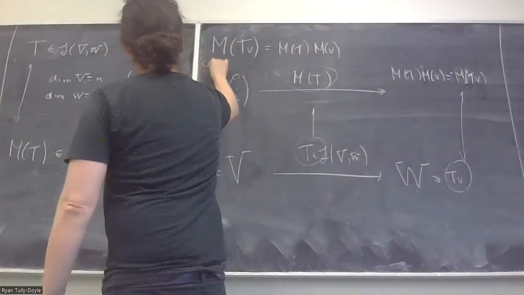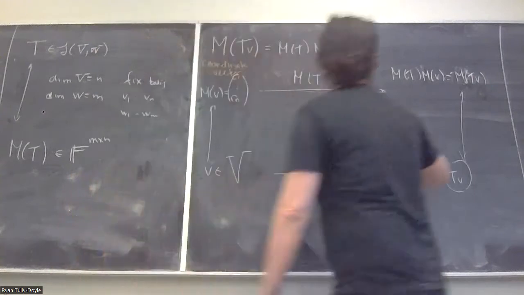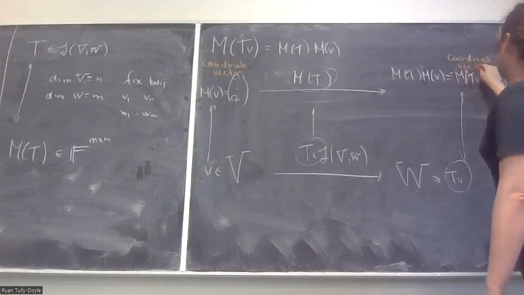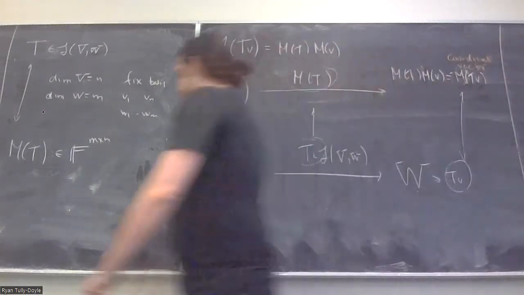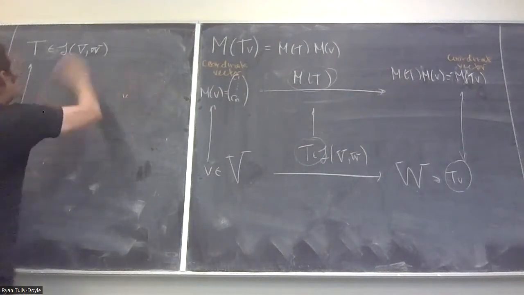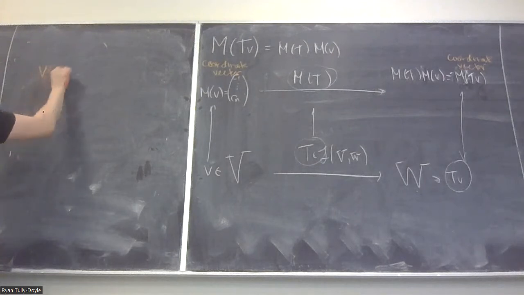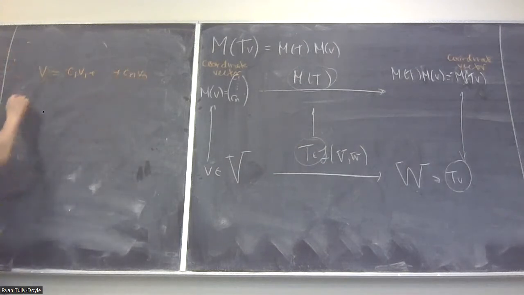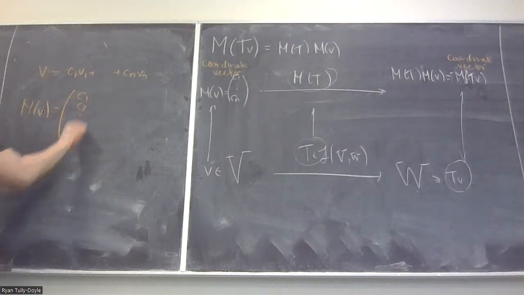One way of thinking about this is that this is a coordinate vector, and this is a coordinate vector. The way you get back and forth is in the obvious way: if v is equal to c1 v1 up to cn vn, then the matrix of v is just the coordinates you use to write it down in terms of that basis.